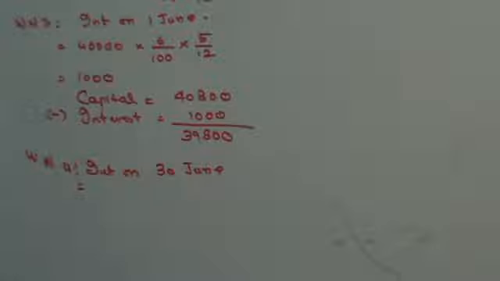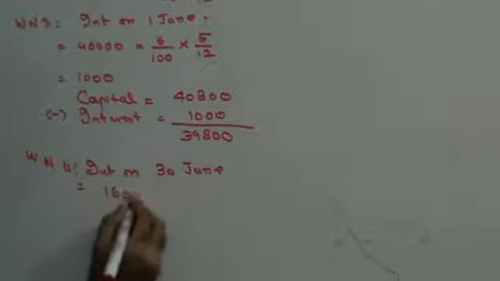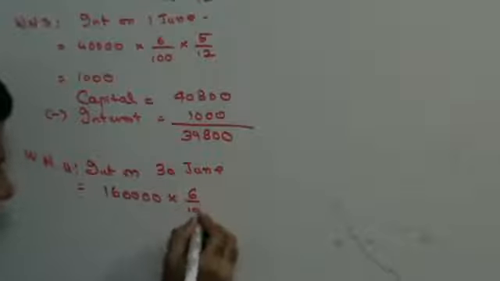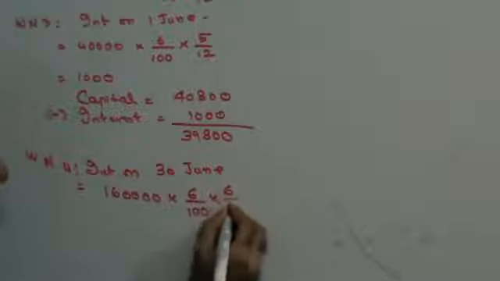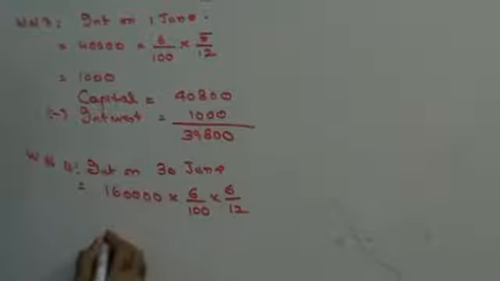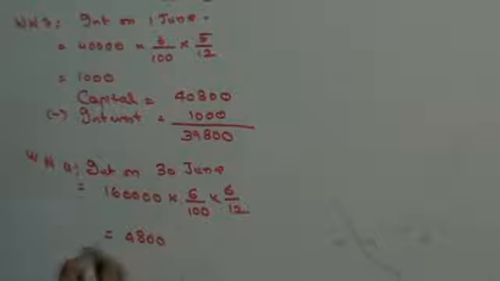You had 1,20,000 plus another 40,000, you're holding securities of 1,60,000. These are 6% securities, and closest previous date is 31st December. So that means this is 6 months. 4,800. Let's have the interest paid on this particular date.